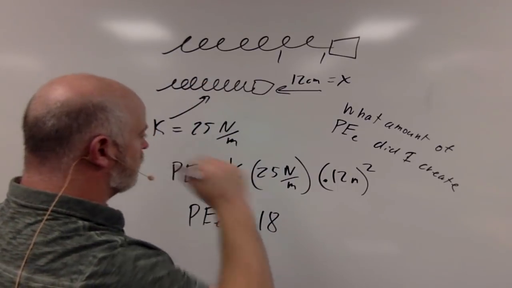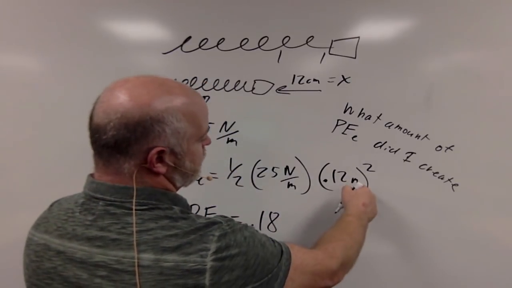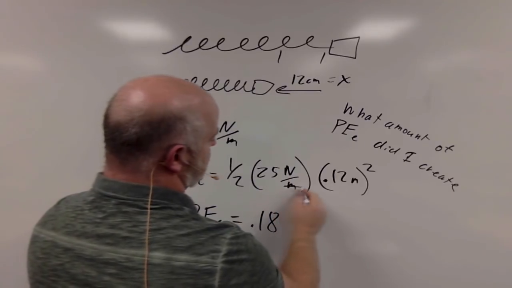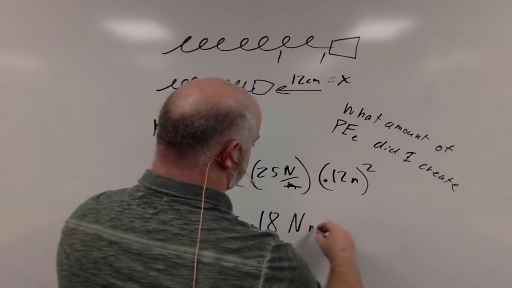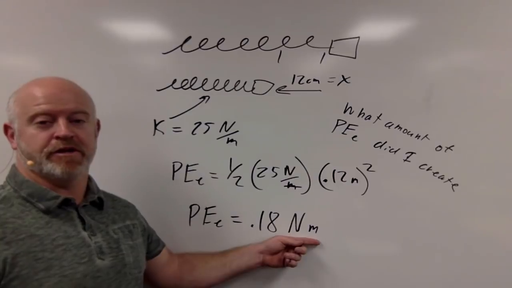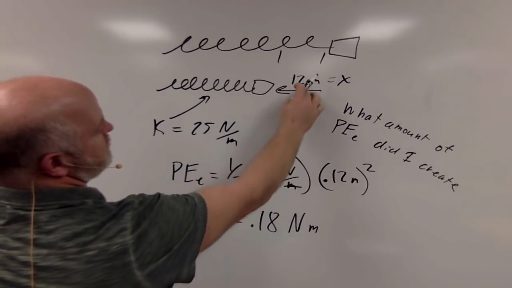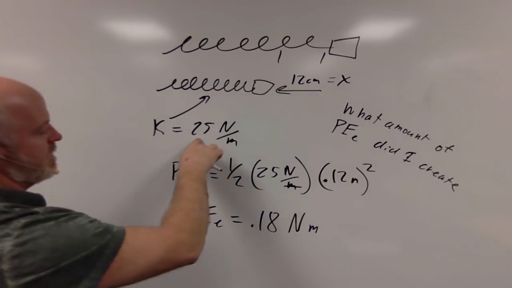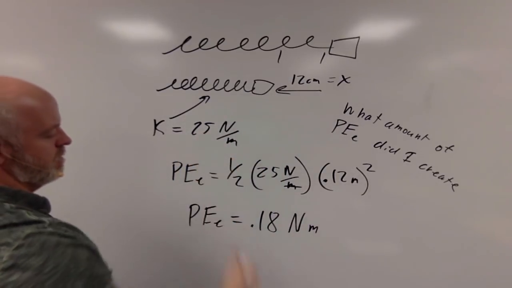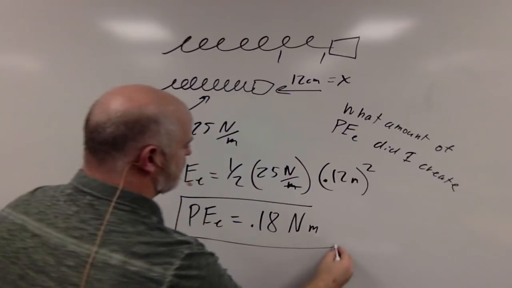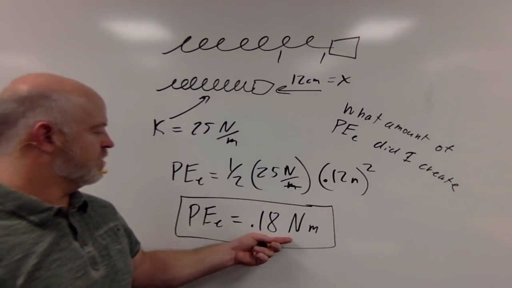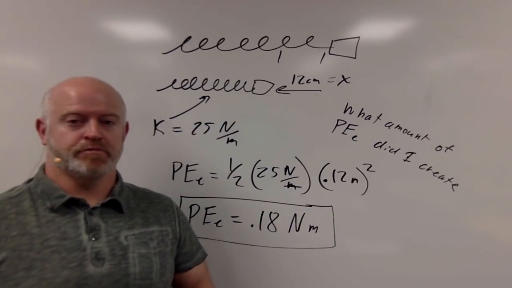And taking a look at our measurements, I have meters squared over meters, so one of my meters cancels out, and my potential energy, again, is going to be in Newton meters. Okay? So essentially, by compressing this spring 12 centimeters, if it has a spring constant of only 25 newtons per meter, I end up getting a potential energy gain of 0.18 Newton meters.